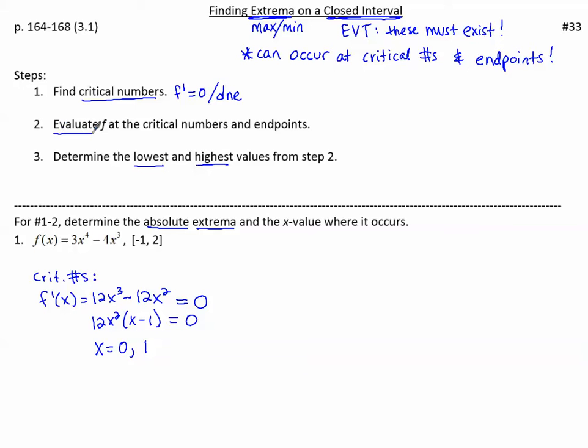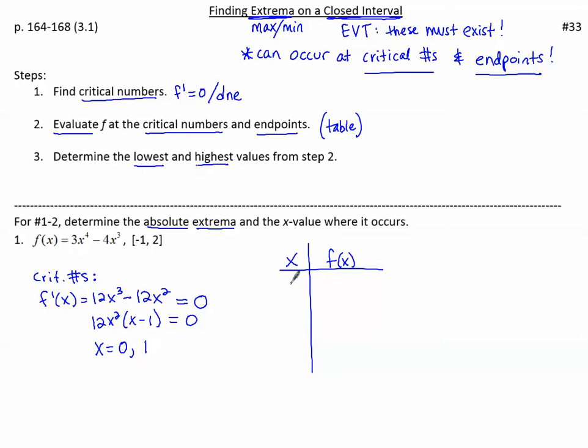Now we want to evaluate the function at the critical numbers and at the endpoints because that's where max and mins can occur, at critical numbers and endpoints. We can do this a number of ways. I like to make a table to keep it organized and see our results. So x and f of x. Where can our absolute extreme values occur?